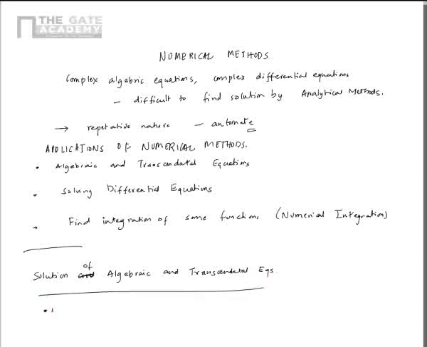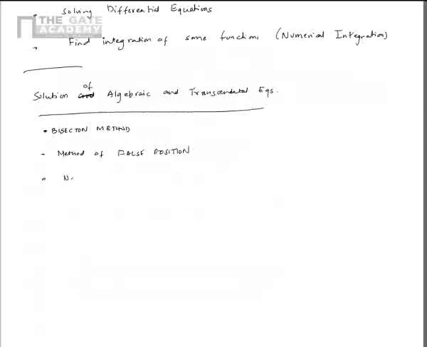We'll see three methods. One is the bisection method, the second is the method of false position, and the third is the famous Newton-Raphson method. We'll see all of these one by one, so let's start with the bisection method.